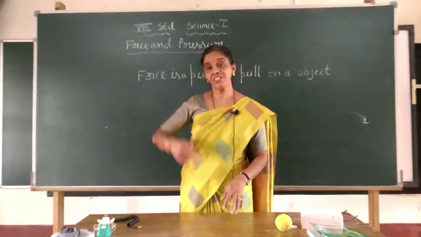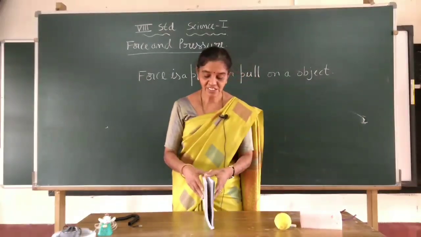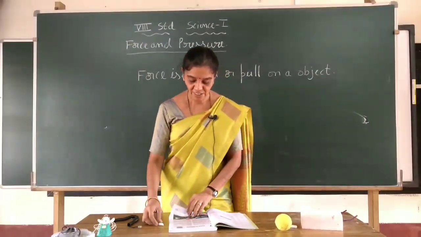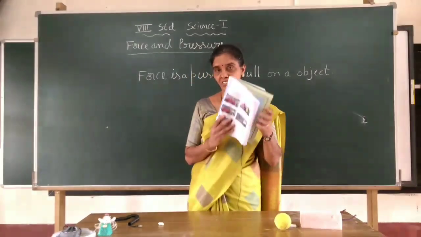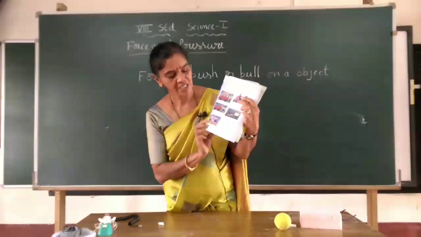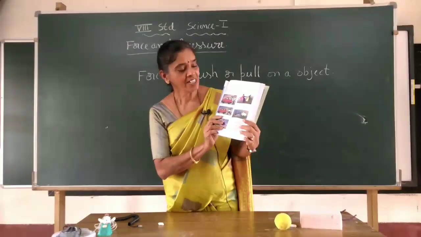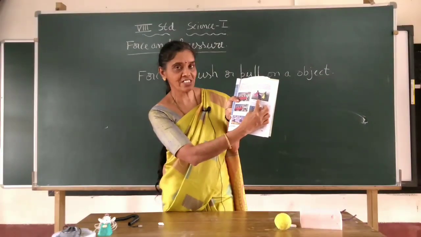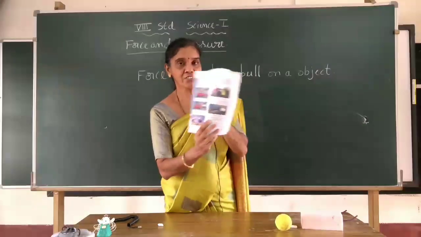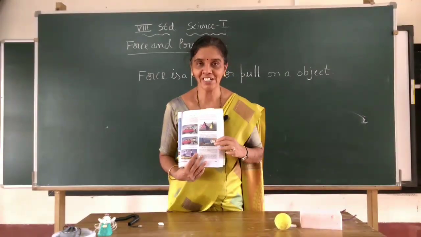Now, if you see these examples, now see your textbook. If you have the textbook, observe these two pictures. Can you see, children? Here two girls are playing, right? And you can see they are revolving around each other, the two girls holding hands, and this one boy is pulling the cow and the cow is pulling the boy.